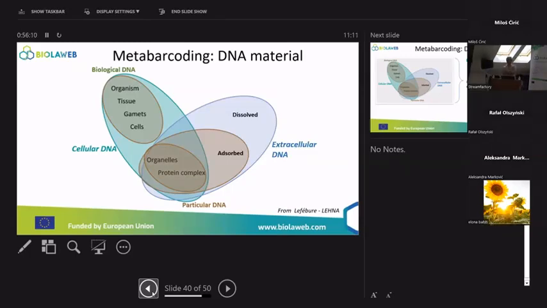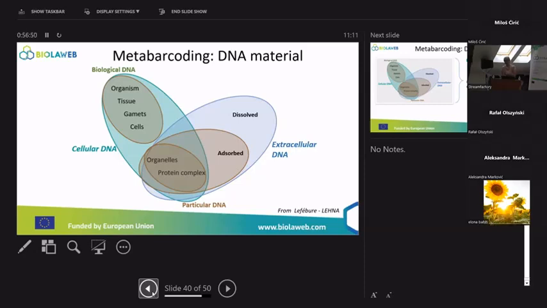Just maybe to answer the person on Zoom: when you ask what is the difference between DNA metabarcoding and environmental DNA metabarcoding, we could also add what is the difference between cellular DNA and particulate DNA metabarcoding. And we also talk about massal DNA. I don't know if it's purely a French definition. Massal DNA.